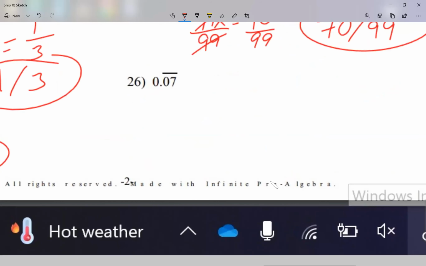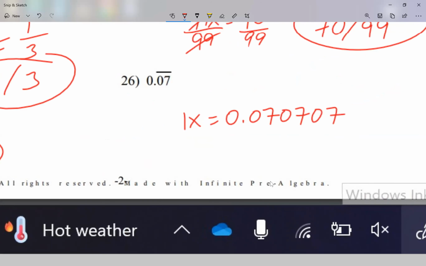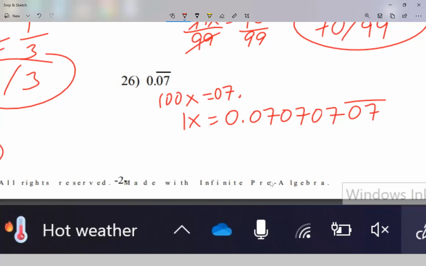Cool. Let's take a look at my last example here. I'm going to say 1x is 0.070707 and a bunch of 07s. How far do you need to go? It really doesn't matter. Because I have two numbers that repeat, let me multiply this by 100, 2 zeros. If I move the decimal 2 places to the right, it gives me 7.070707 and a bunch of 07s.